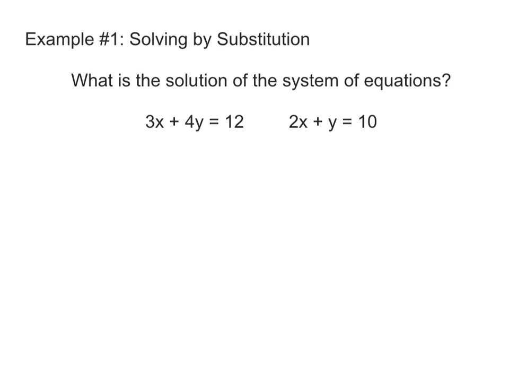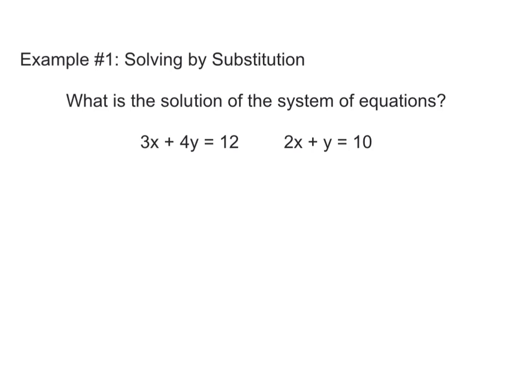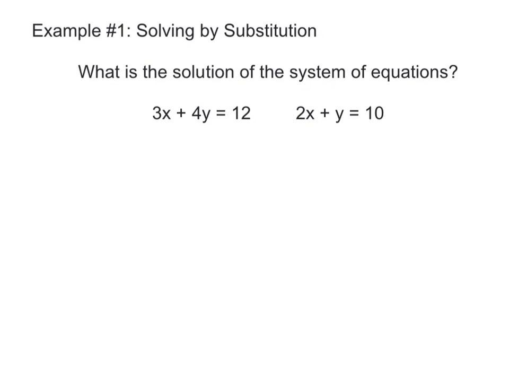So here we go. For substitution to take place, we have to decide what variable we want to solve for. Reason being, if we have like an x equals 5, well then I could take this 5 and substitute it into one of the equations, right?